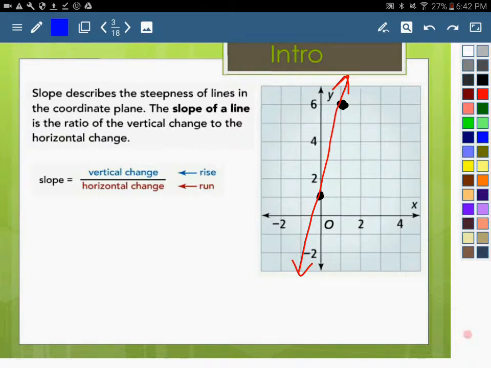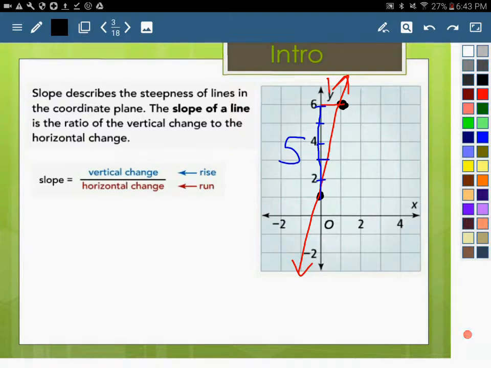I start my pencil on the first point, and then I just draw vertically upwards until I'm as high up as the other point. So I just rose up 1, 2, 3, 4, 5 units. Then I have to calculate my horizontal change, which goes from here over to the point, which was only 1 unit.